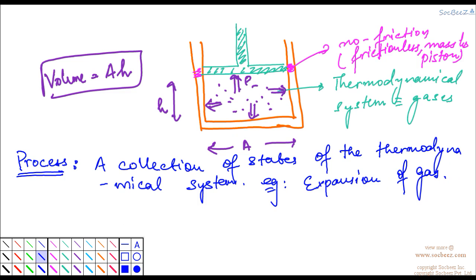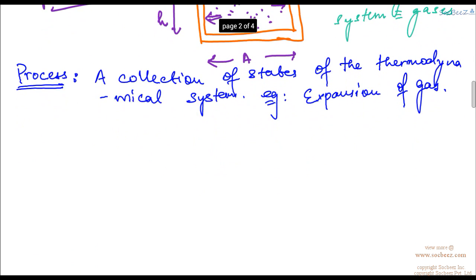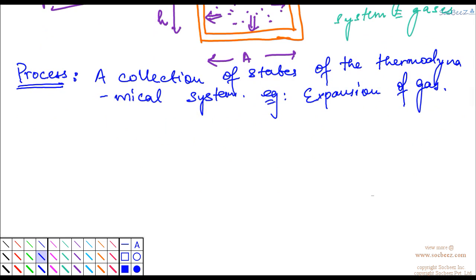So this is basically a process, a change in the state of the gas, passing through infinitely many small transitions to achieve the complete transition.